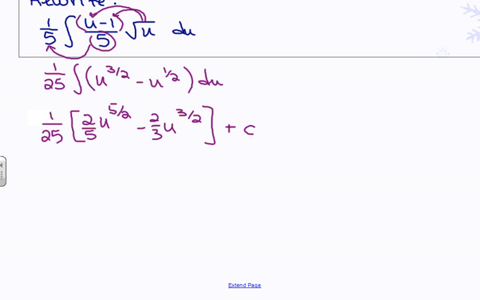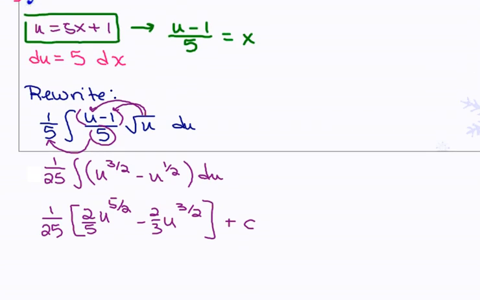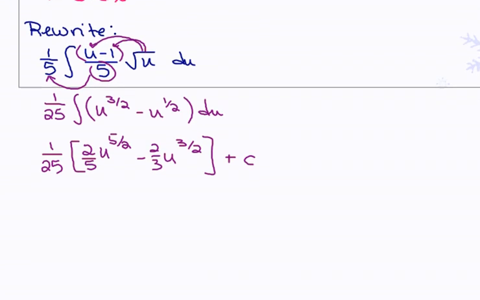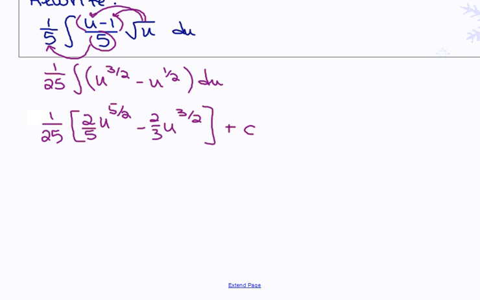At this point, you would think, okay, I need to plug back in for my u, which was 5x plus 1. But by the time you're all done, you want to have a simplified answer. So it's going to be much easier to simplify your answer now while you're still in terms of u, rather than substituting back in your x's. It's just a little bit of a cleaner problem.